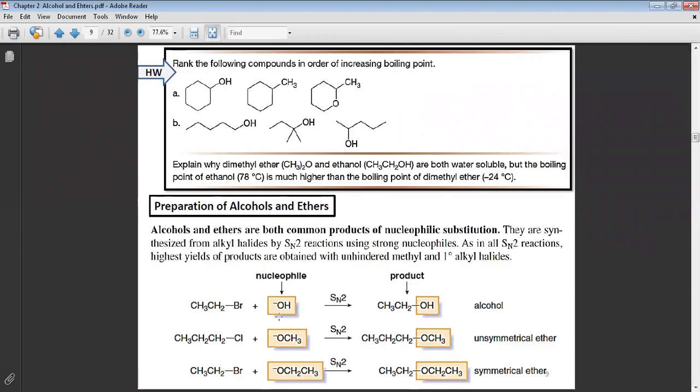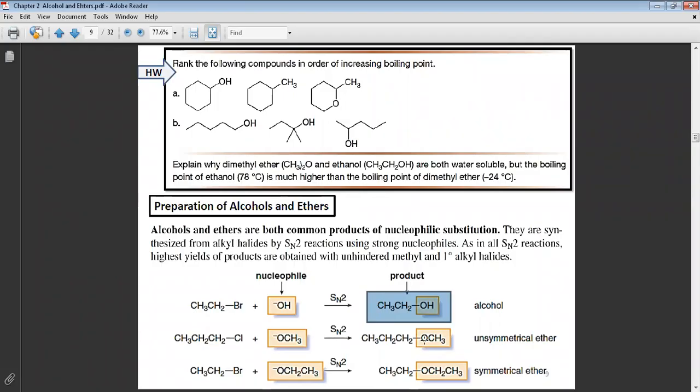If your nucleophile is OH, Br will be removed and OH will replace the Br, so your product will be an alcohol. If your nucleophile is ethoxy, methoxy, butoxy, the product will be an ether.